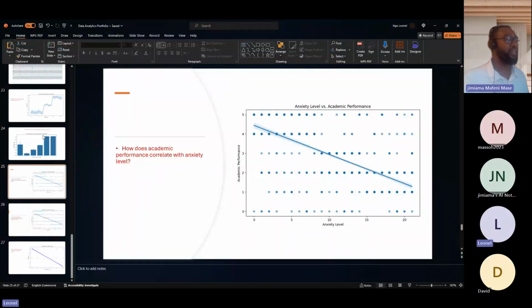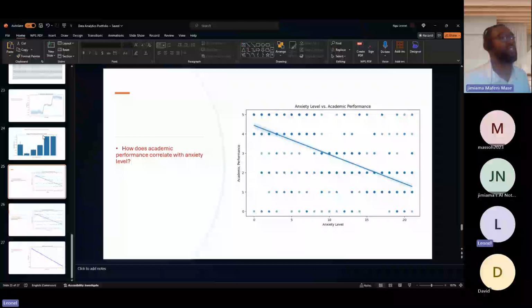And you can even start looking at a hypothesis.